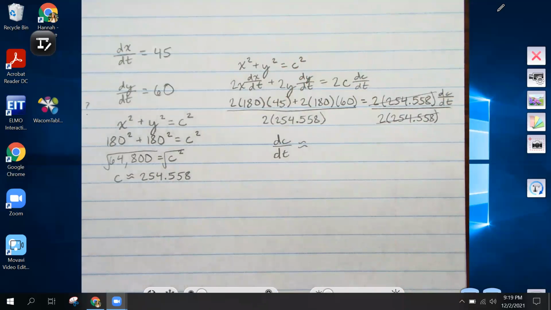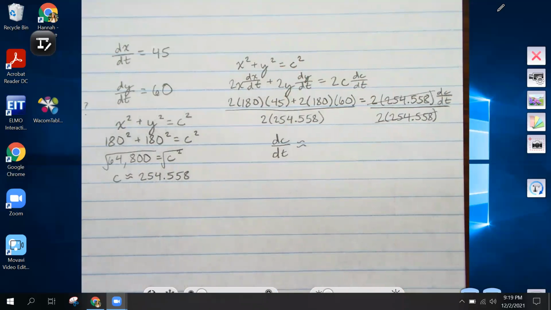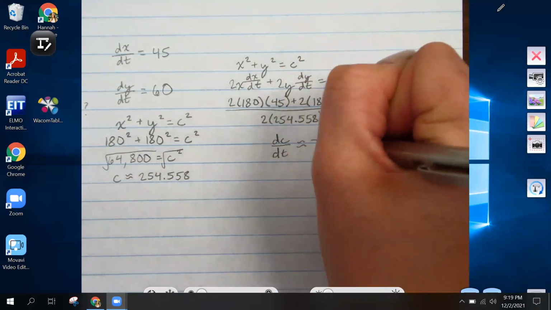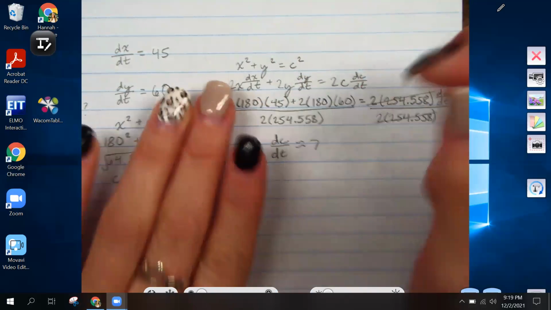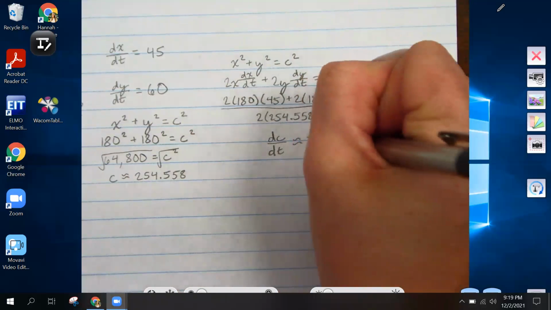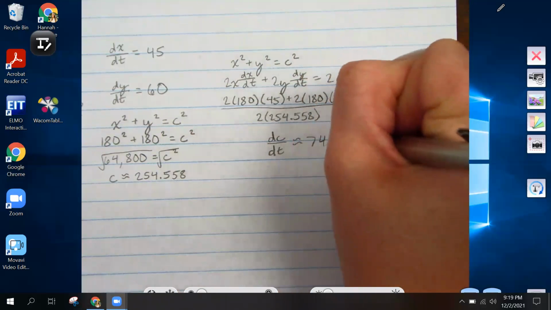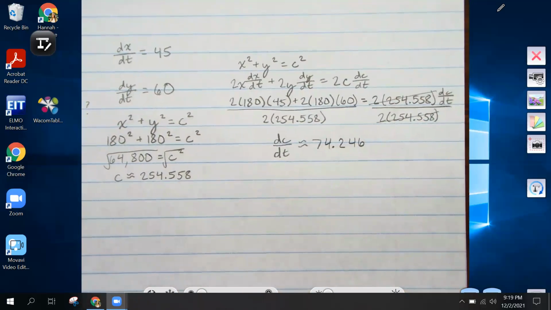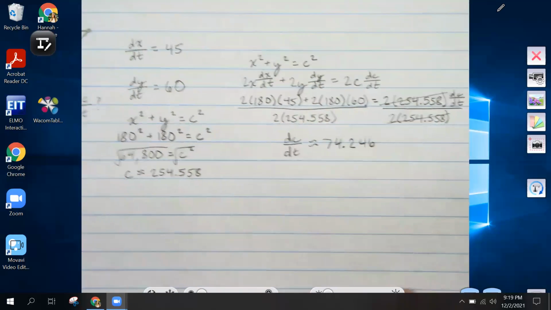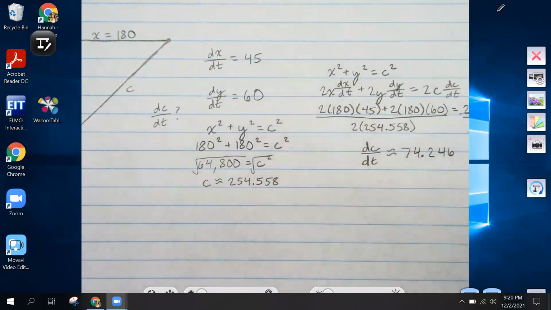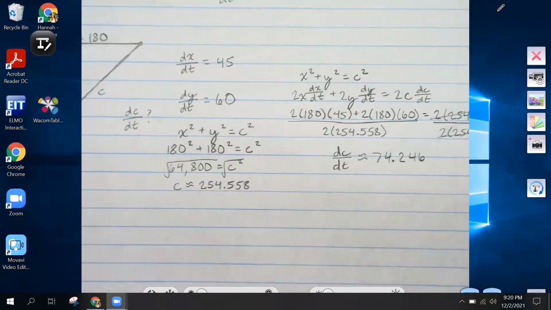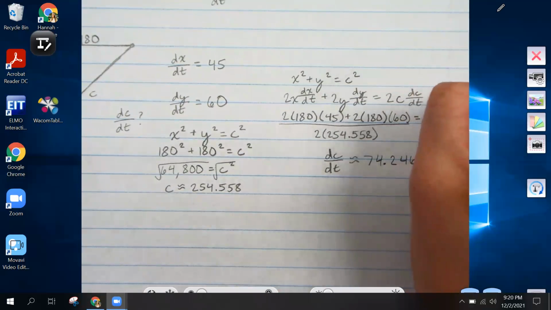You would get an approximate value, dc/dt equals 74.246. So at 3 p.m., the trains are separating at a rate of 74.246 miles per hour.